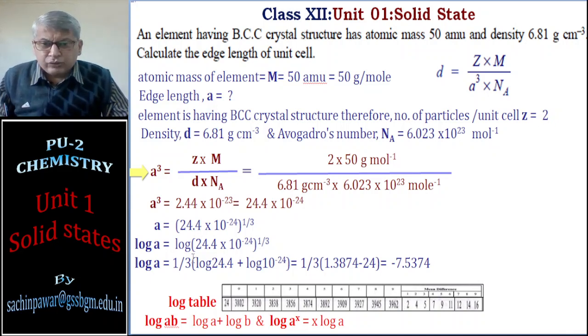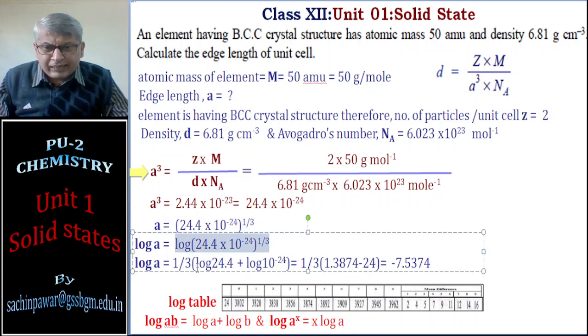And I have to use the formula log of AB is log of A plus log of B, and log of A to the power X is X log A. So this can be written as 1 by 3 into log of 24.4 plus log of 10 to the power minus 24. So if I substitute, it becomes 1 by 3 into, I want to find out log of 24.4.